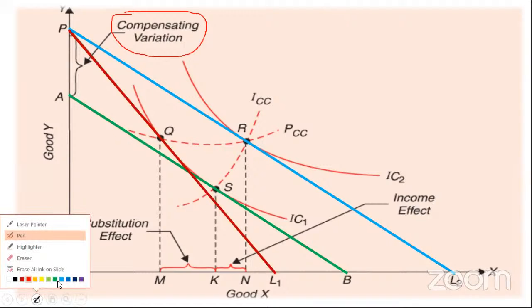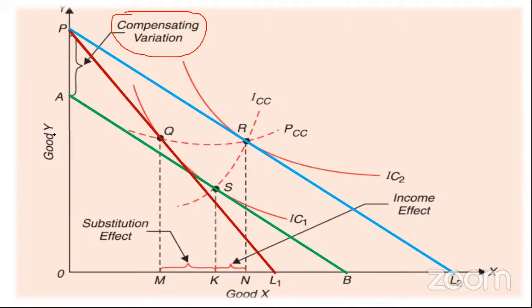First of all, remember, I'm starting from this point. On the y-axis I'm taking good Y, and on the x-axis I'm taking good X. First, I'm taking one budget line. When prices are so and so amount, this is my starting point, zero. For example, I have 100 rupees of income with me.